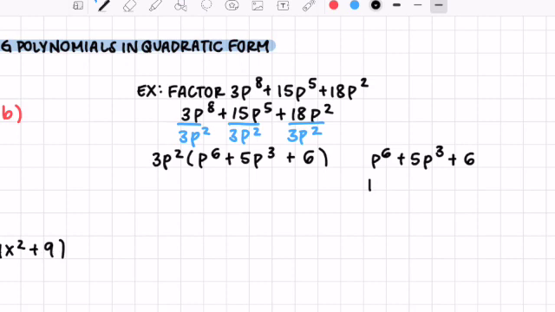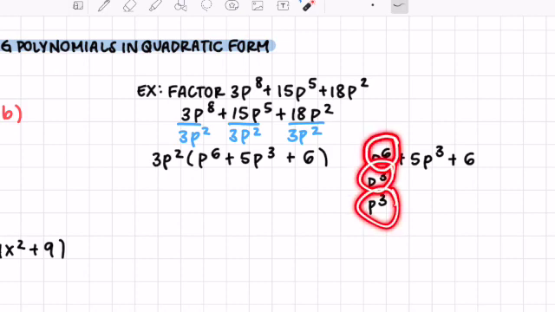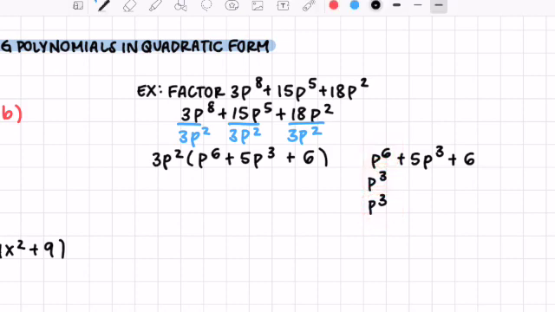So right here we have p to the power 3 and p to the power 3, I know that p to the power 3 times p to the power 3 equals p to the power 6. And two numbers that multiply to get 6 are 3 and 2. And so if I were to multiply these across, I would get here 2 times p to the power 3, which is 2p to the power 3, and 3p to the power 3.